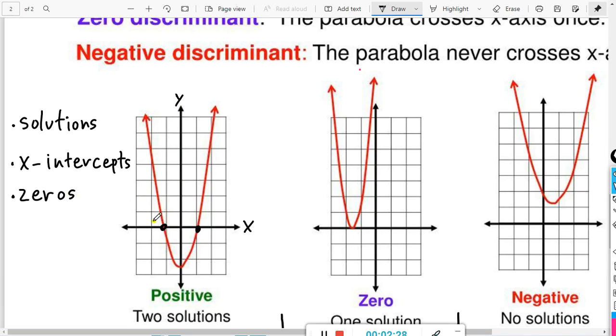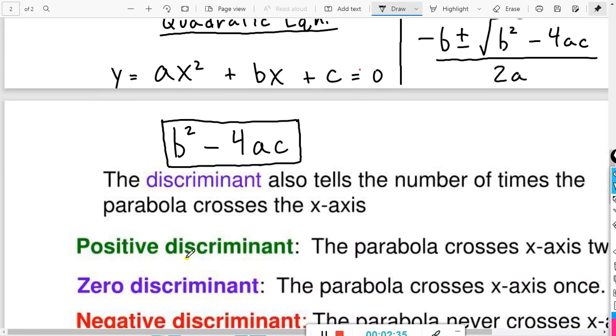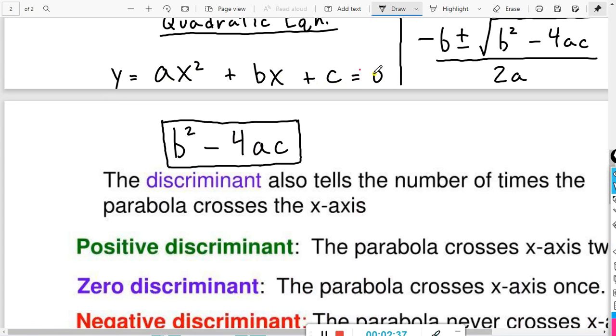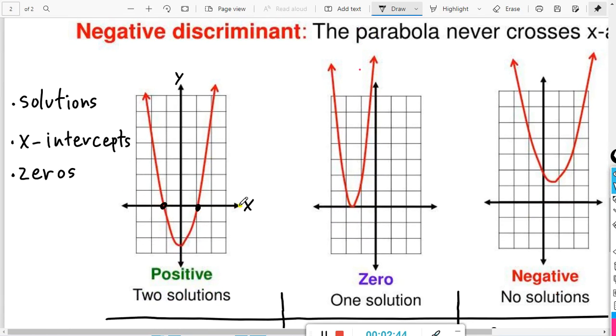And you can also call those points the zeros, because we get these points by setting the entire equation equal to 0, or y equals 0. And as we know, the equation for the line that goes on the x-axis is y equals 0. That's this line right here, the x-axis. So all 3 of these terms apply to these 2 points right here.